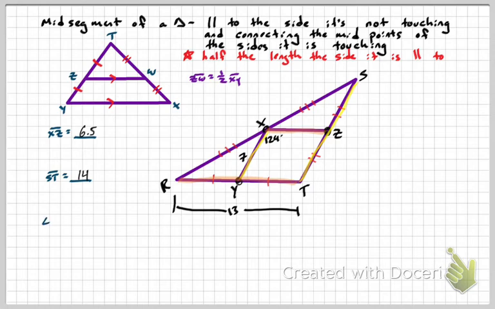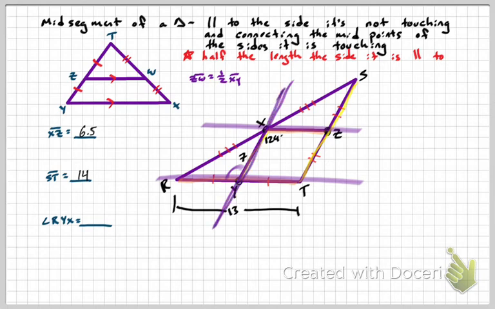And then finally, the measure of angle RYX. So angle RYX is this angle right here, okay? So how can we find the measure of RYX? Now there's two different ways you could think of this, and you want to focus on the parallel line. So RYX, which is right here, we have a parallel line and a parallel line. Remember, this is now a transversal, so RYX is actually an alternate interior angle with this angle here.